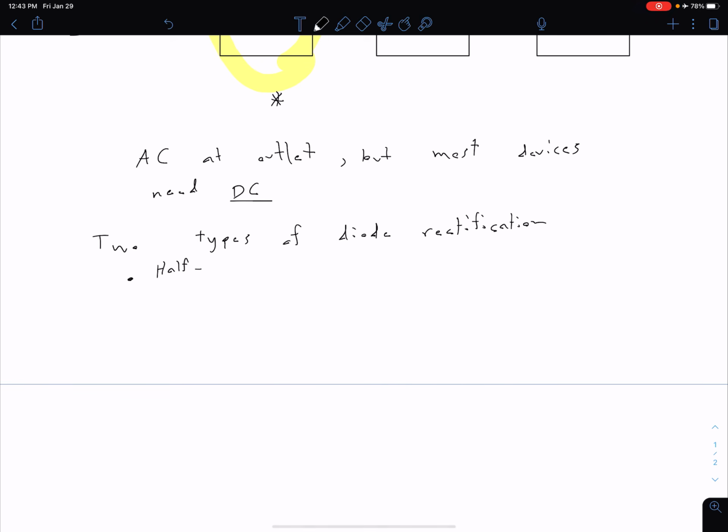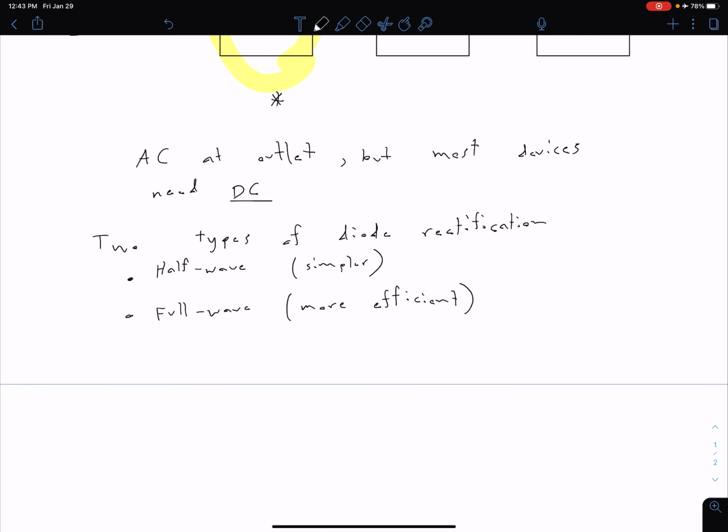The first is going to be half-wave rectifiers. These are going to be simpler circuits. And the second we're going to look at, as you might guess, is full-wave rectifiers. These are going to be a little more complicated, but they're going to be more efficient. We're not going to be as wasteful in terms of getting rid of some of the power.